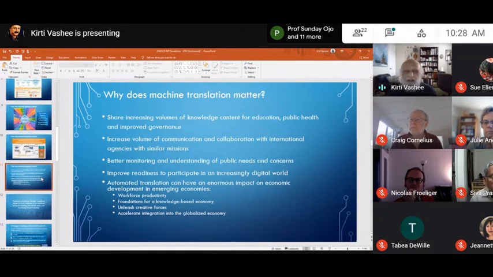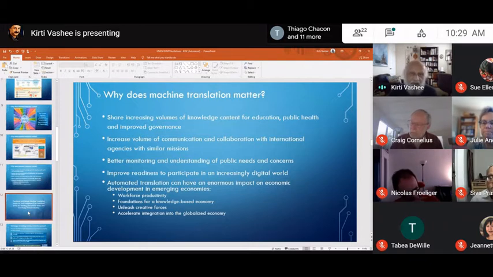And if you want to build public health and educational systems, so that a kid born in a village has the same access to becoming an engineer or becoming a participant in the AI economy, they need access to information. And so machine translation is a means to make this happen.